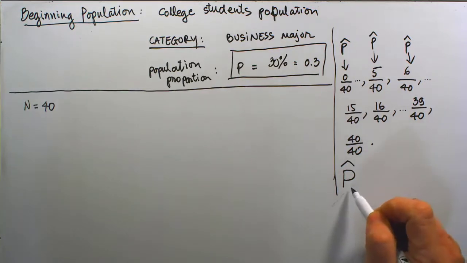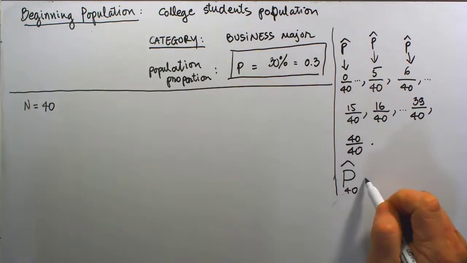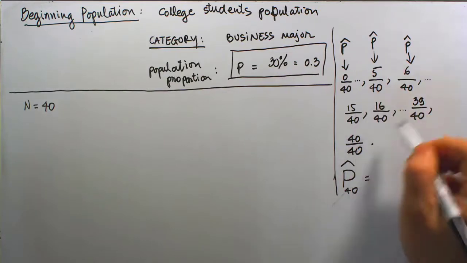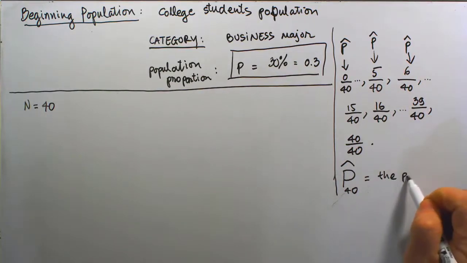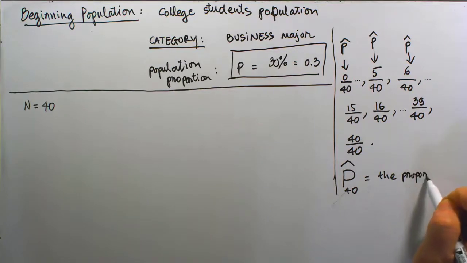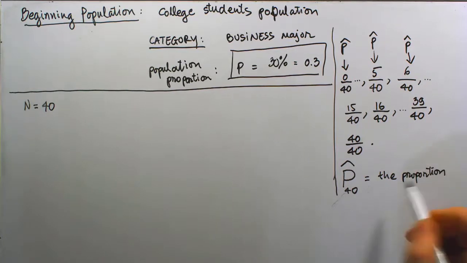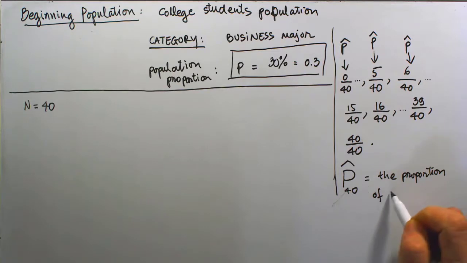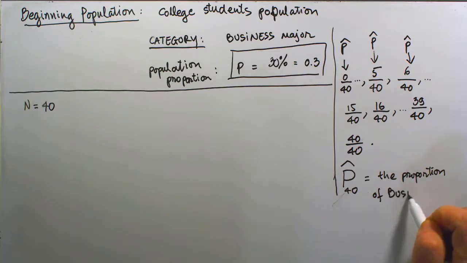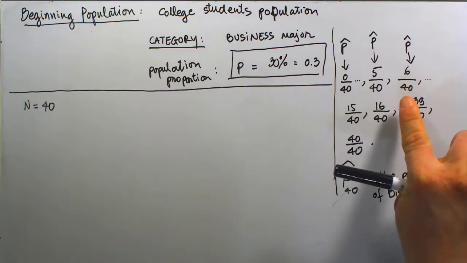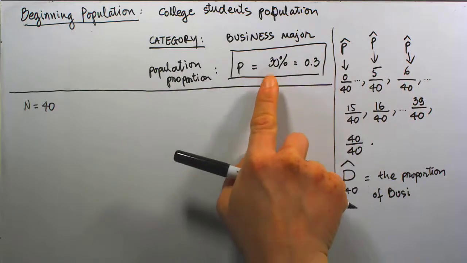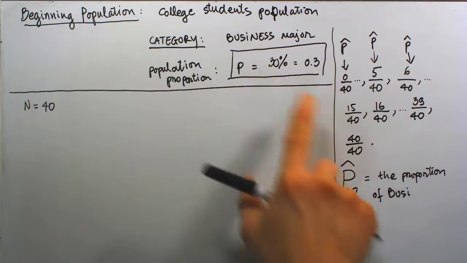So the sample size is 40, so here I'm using capital P hat 40. And what it means here is that any value here is the proportion of a business major. So in any of these samples, we also look for the proportion of a business major, but not all of them are going to agree with 30.